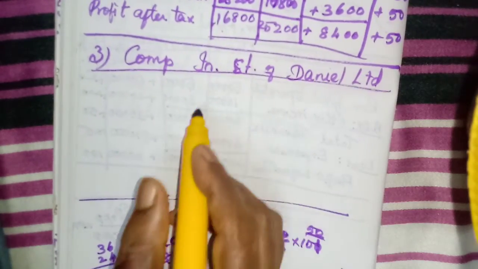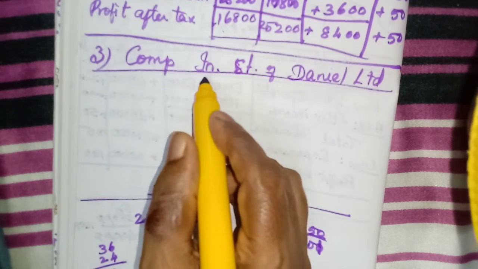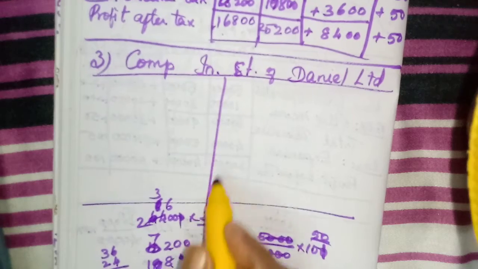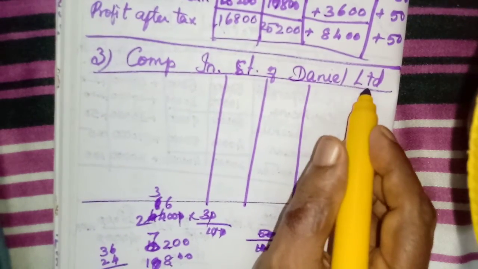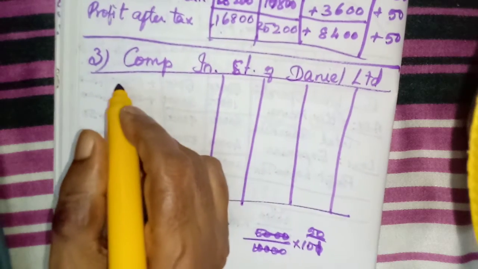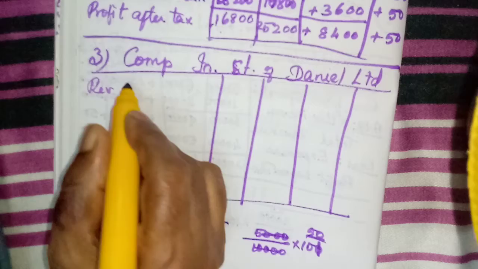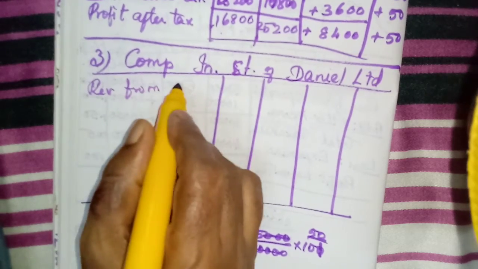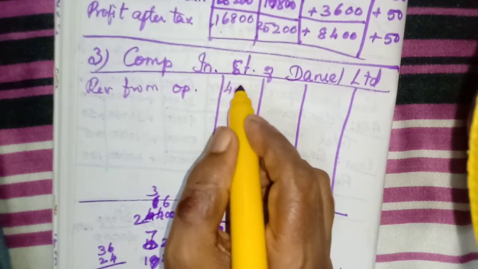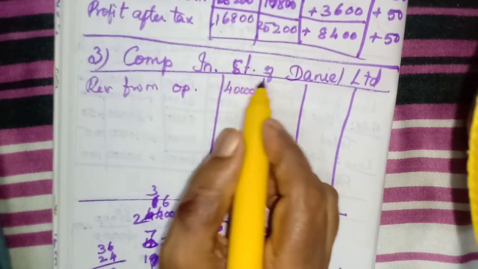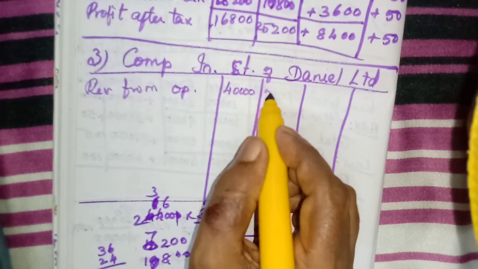Okay, draw and write everything. Okay, particulars, everything you write. You will write 4 columns. First one, revenue from operation. 40,000, 50,000. Students, you have to write all the details in the column.